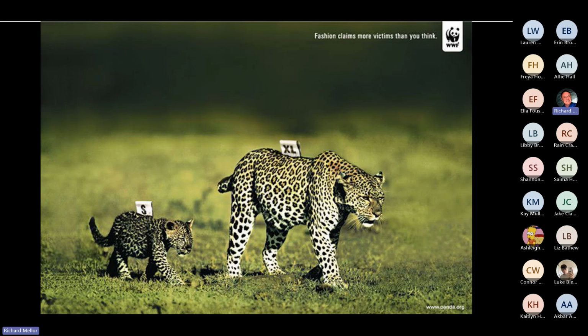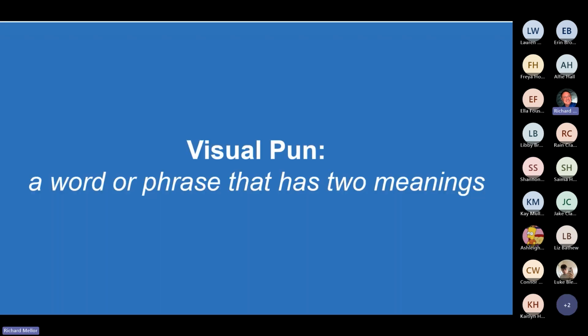And now you're really getting the message, especially when it's saying fashion claims more victims than you think. Quite powerful, don't you think? So that's the fused metaphor and the two variants, the additive and the substitute.